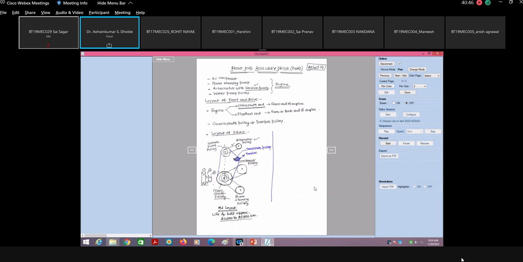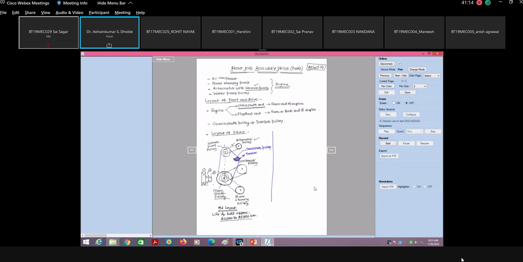Now regarding belts, there are many myths which are prevailing: why the belt fails, how the belt has to be fitted, how to identify that there is a problem with the belt, and other things. One more thing I would like to tell you is that the belt will provide power only when there is proper tension given to the belt, because if the belt is loose, then there is a problem of slipping of the belt.